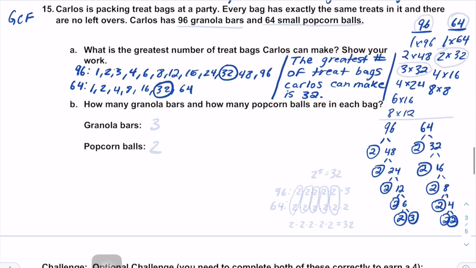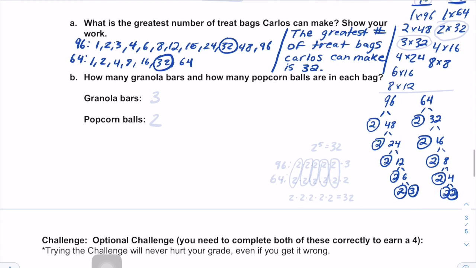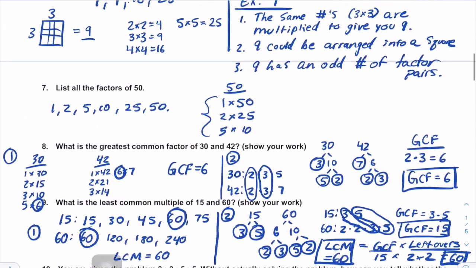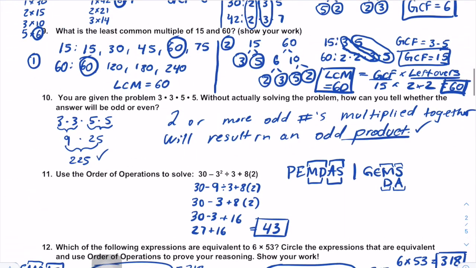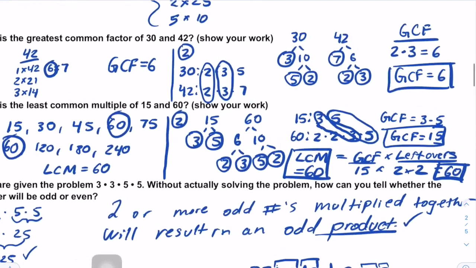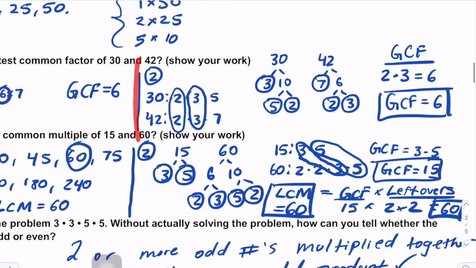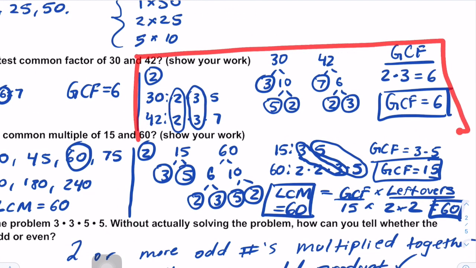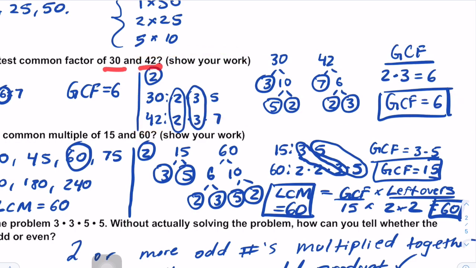If you felt more comfortable with doing prime factorization, you could go back to the first video with question 8, where we found the GCF using prime factorization. So we did factor trees for 30 and 42, and we found that the GCF was 6.